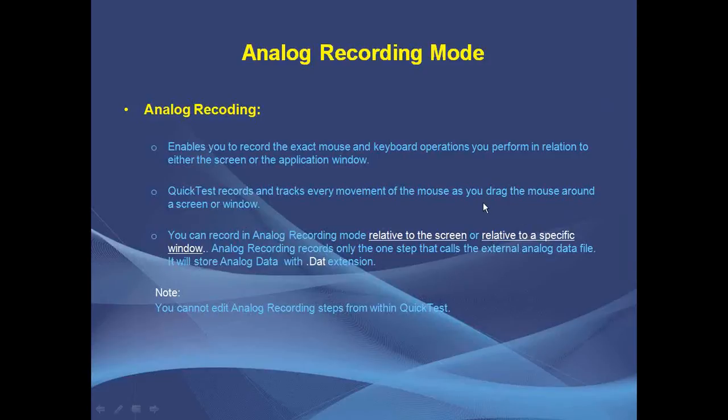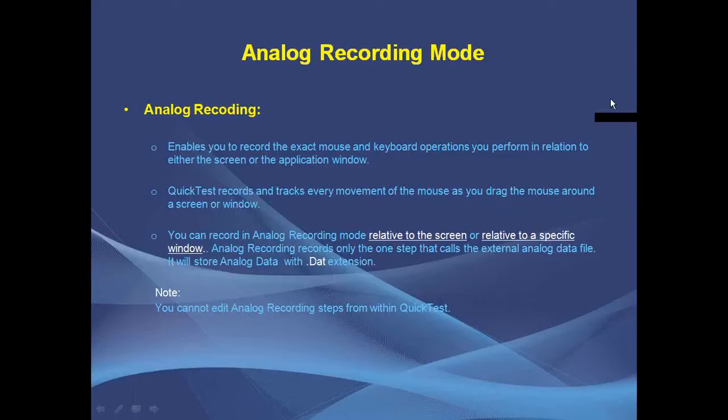For example, in any banking application, after opening a new account, they will ask you to give a digital signature, or in some applications we may have to draw a small painting or something. If you use normal recording mode, it's not possible to record paintings or signatures. So in those situations we have to go for analog recording mode.